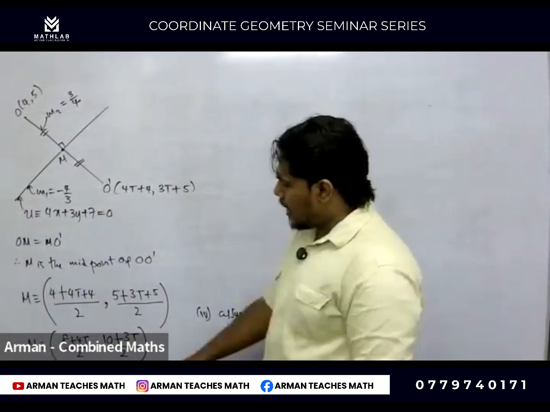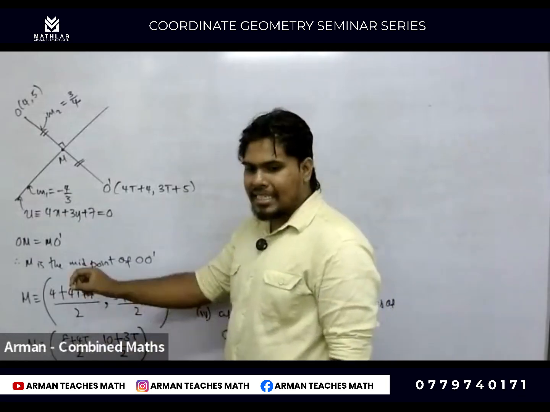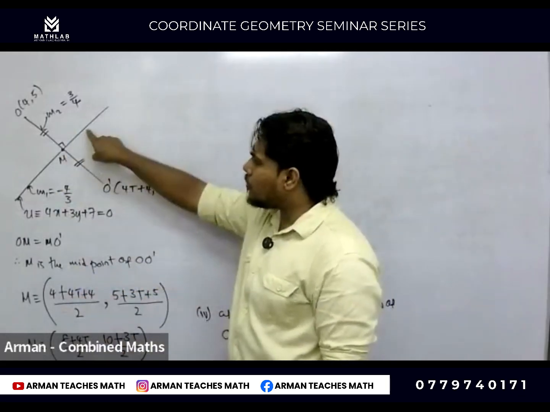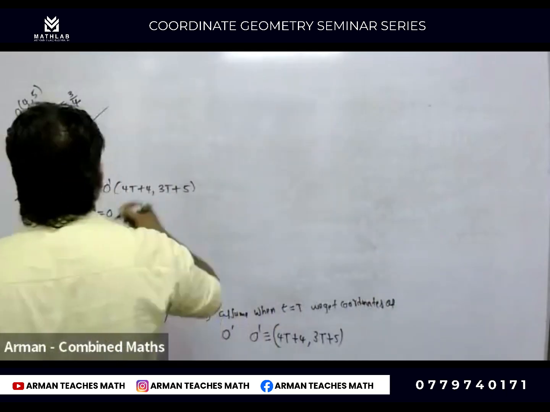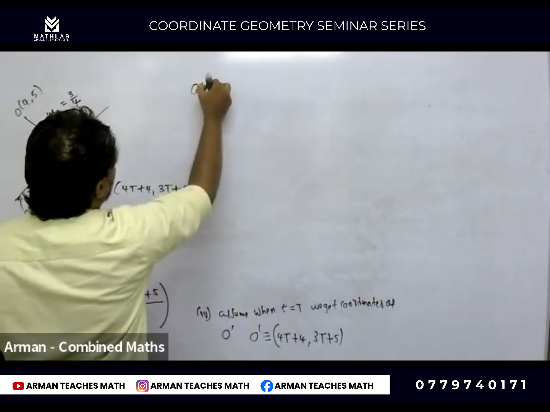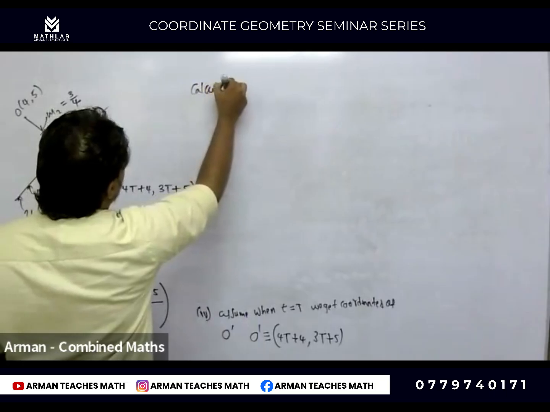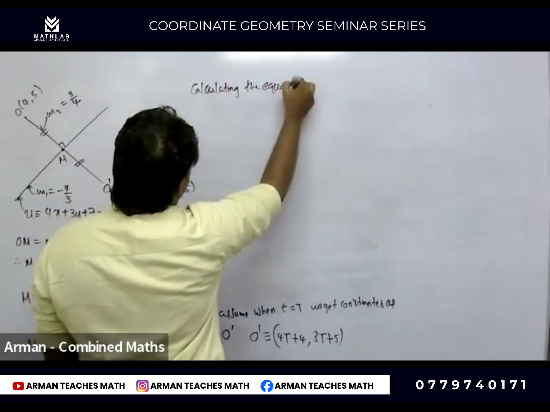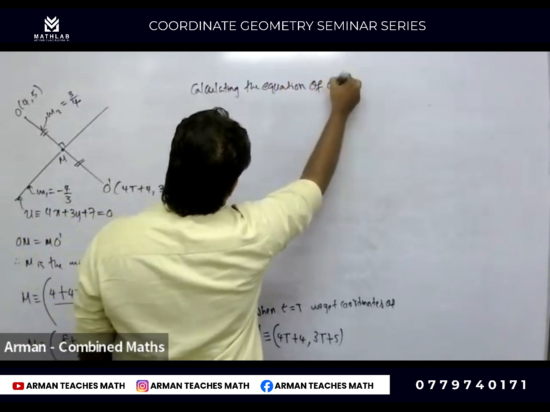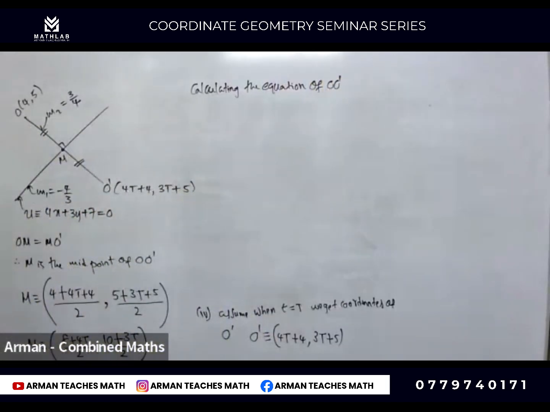Now, I can find the same point's coordinates exactly if I know the equation of this straight line segment, sorry, OO dash. So I'm going to calculate the equation of OO dash.